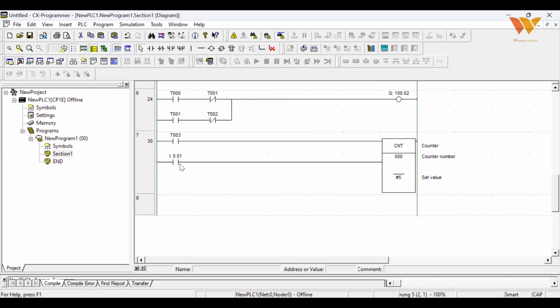Yeah, we are giving a 10-second delay, right? Need to use that timer output as an input for this.